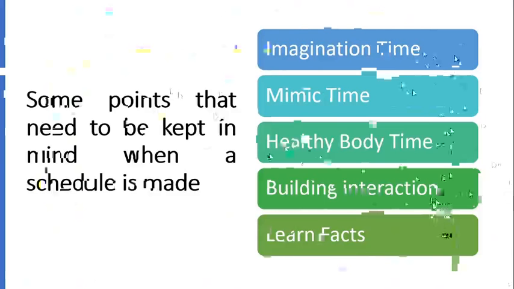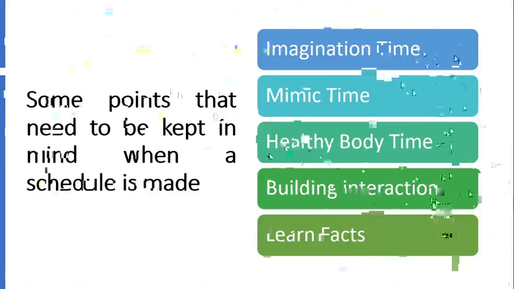Folding clothes is something which most of the kids like, irrespective of age. Whether they do it properly or not, we are not bothered. But folding clothes is something which is going to keep the kid engaged for a desirable amount of time. So that can be added as a part of mimic time.